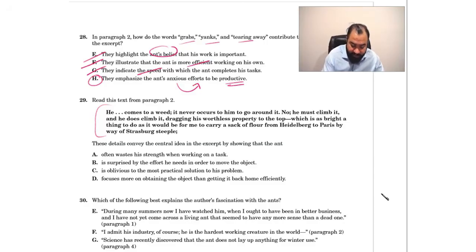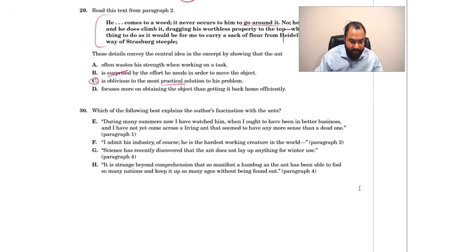Maybe he's surprised by the effort. The ant is not surprised. He is oblivious to the most practical solution. Oblivious means he doesn't know. Yeah, that's it. He's oblivious to the practical solution. The practical solution would be going around, but he doesn't. You must climb it. So he's not aware of the practical solution.